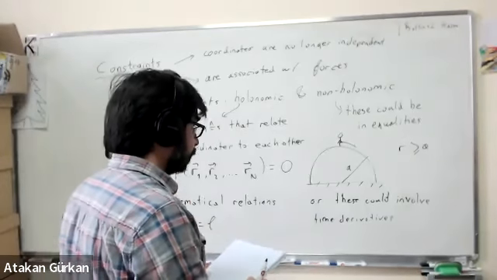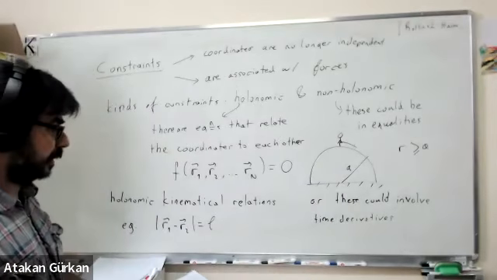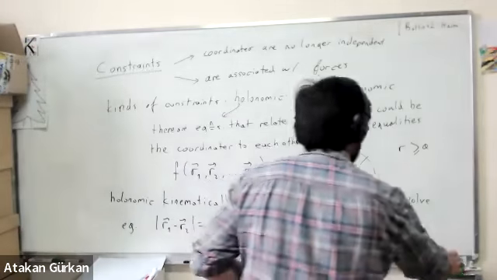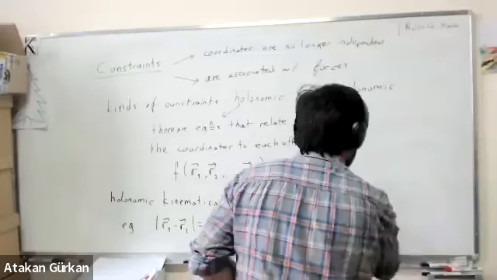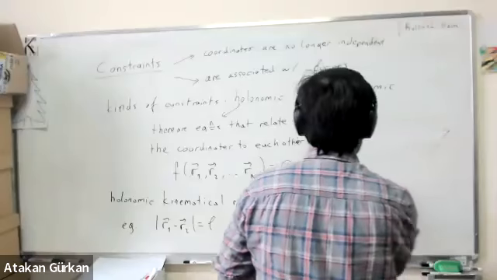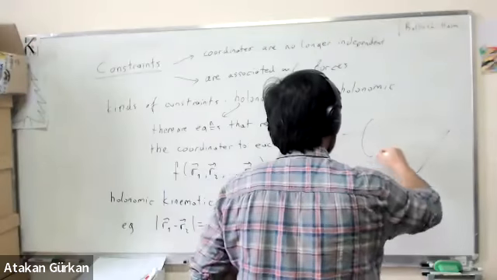Now, the example given for this one in the book is, again, let me just erase this. That you have some plane, and on that plane you have a disk. So we have a purely horizontal flat plane, and on that plane there's a disk.